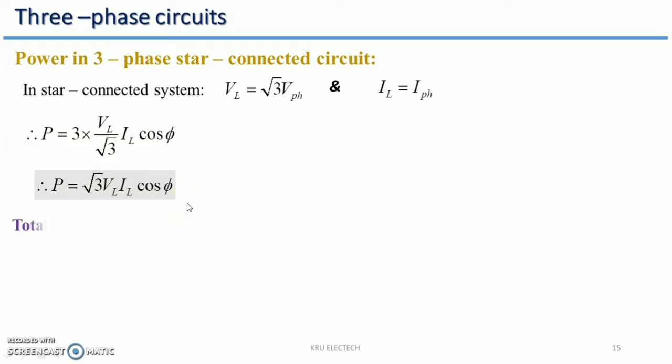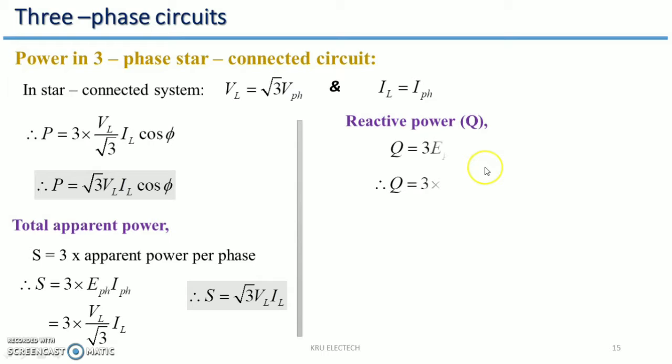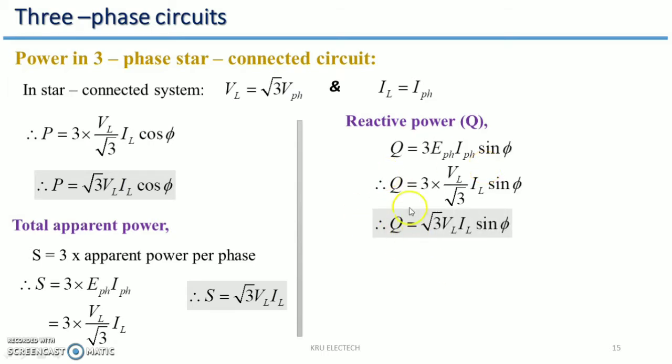And in case of the delta connection, here is the apparent power. So apparent power S is like this: S equal to root 3 VL IL. Cos phi is not there. And this is the Q. Here is cos phi, that is the active power, and for the Q, that is sin phi, and the apparent power is in kVA.